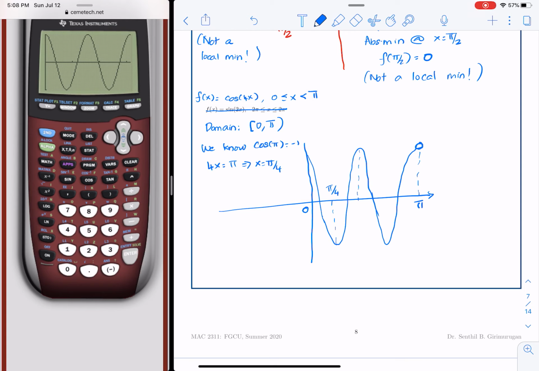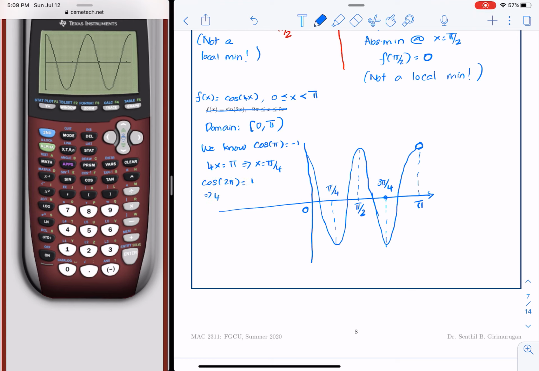The next one would be at pi over 2. And the next one would be minus 1 at 3 pi over 4, and so forth. I'm just plugging the values in for 4x, so I know cosine would become 1 at 2 pi.